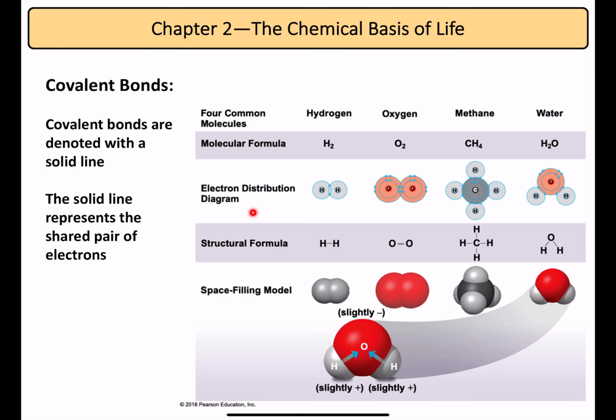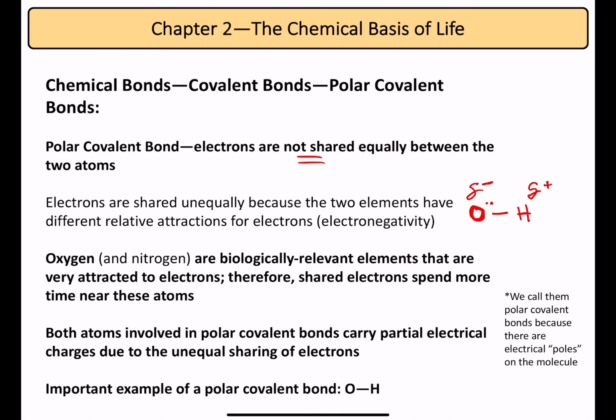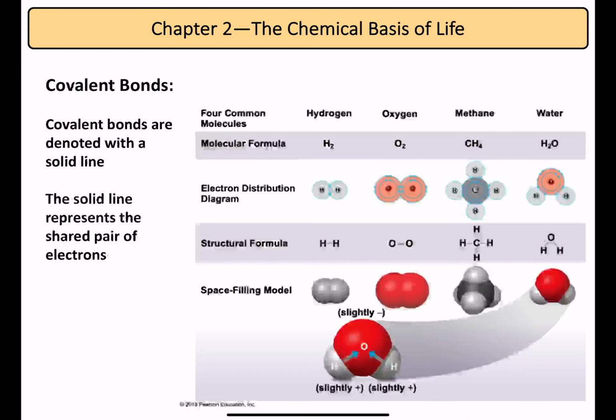So we're going to start by drawing molecules out using something called an electron distribution diagram. Then we'll show how that represents these down here, the structural formulas. We're starting with the more tedious way.